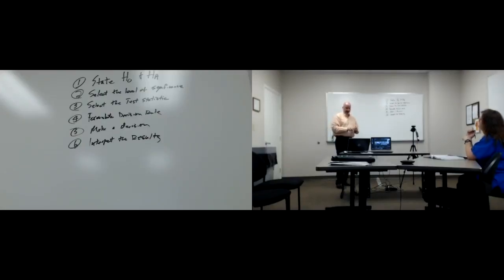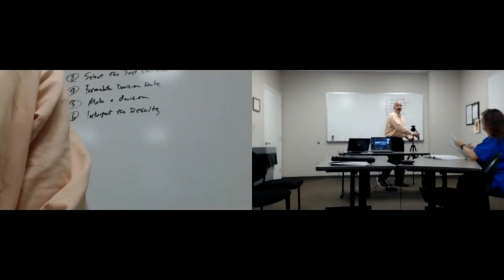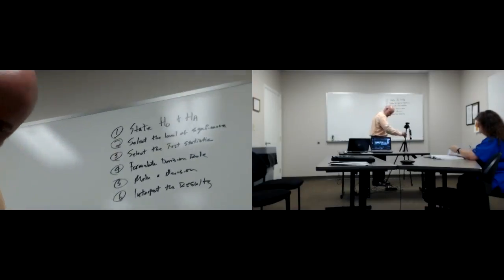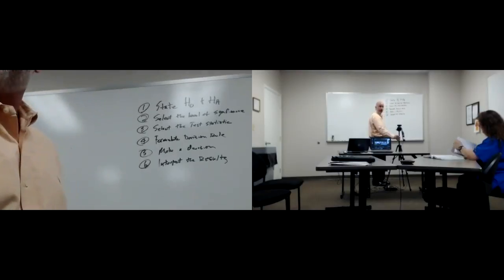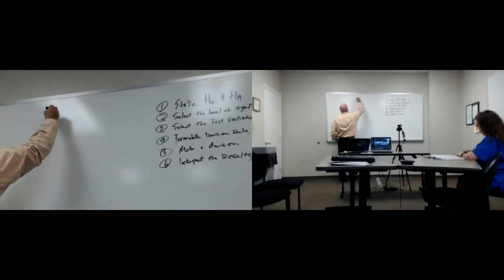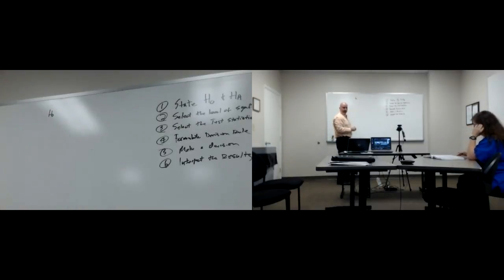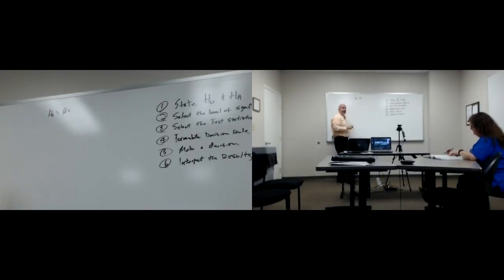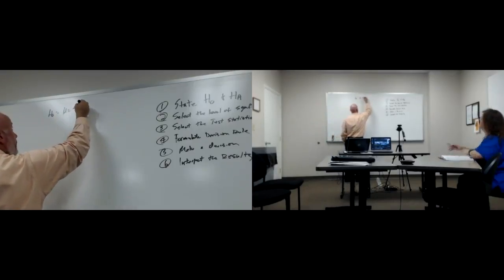Okay, so chapter 10, problem 10 states, given the following hypothesis. What is our null hypothesis in this problem? That the population mean is equal to 400.